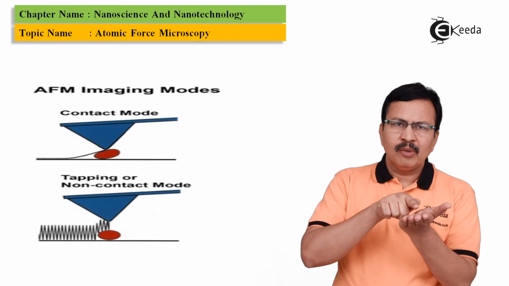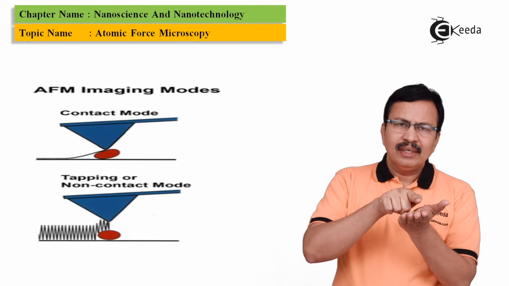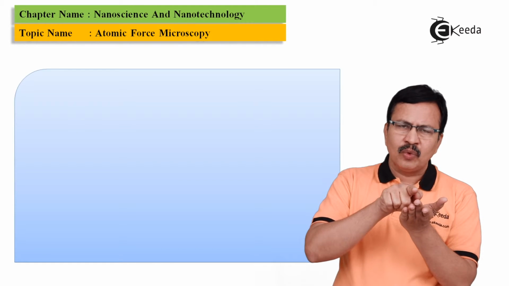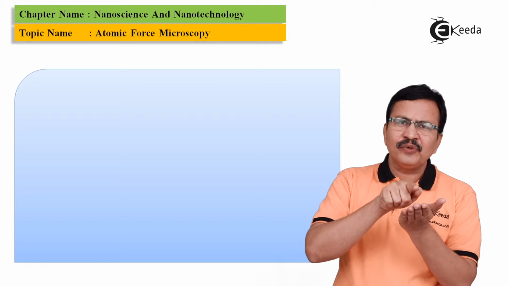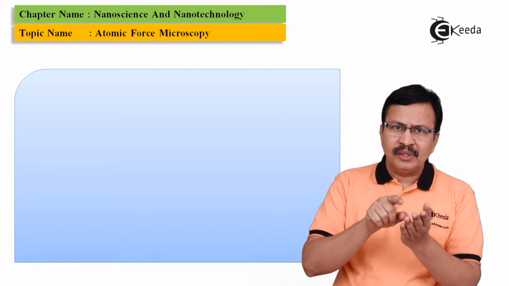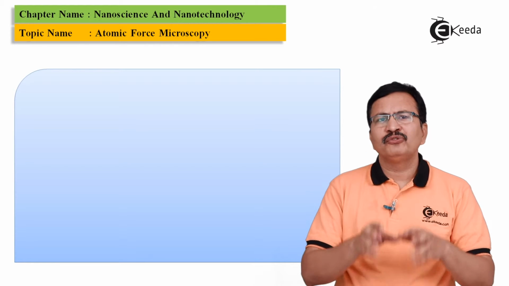Now, all of you know that suppose I'm having a surface and I'm moving this tip above this. The minute I'm getting a depression, this is going to move down. The minute I'm getting an elevated surface, this is going to move up. So all these variations in the cantilever are being captured with the help of optics.